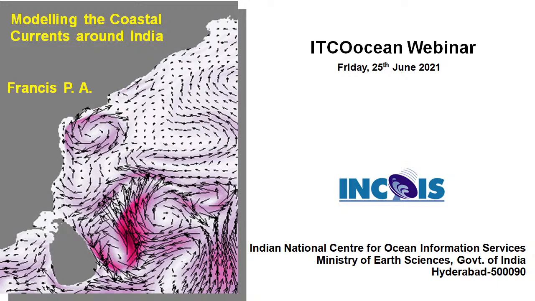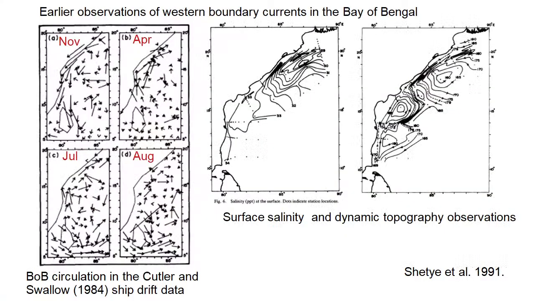If you look at the coastal circulation, particularly the east coast, the earliest observations, of course, we had very few observations in the 80s and even the 90s on the currents in the Bay of Bengal.